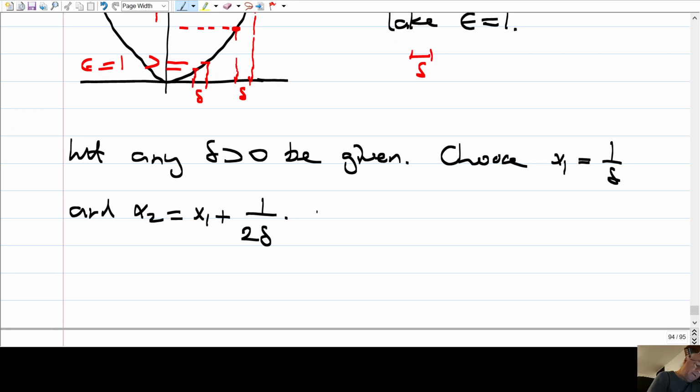Then the difference between x1 and x2 is how much?